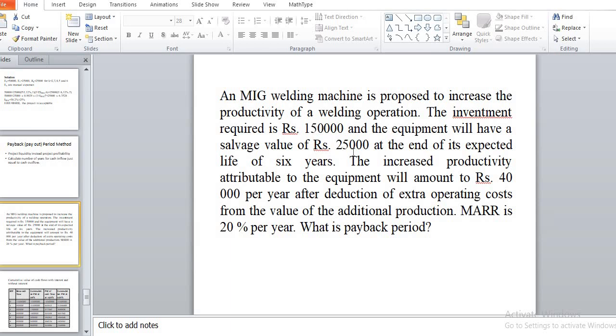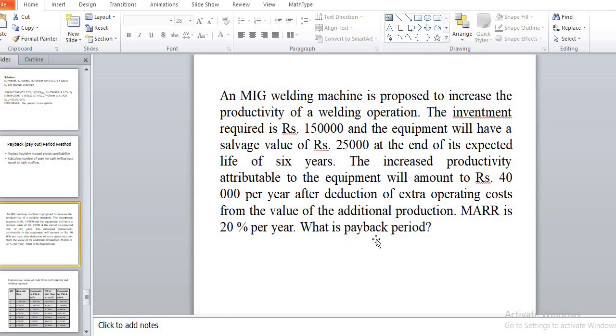Salvage value is given as 25,000 at the end of the sixth year. And 40,000 per year we get, after deduction of the operating cost. And with MARR 20% per year, what is the payback period?